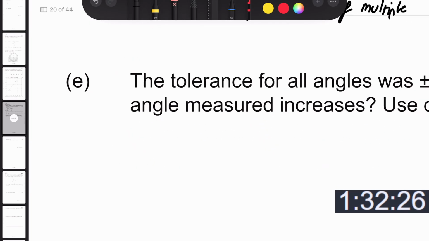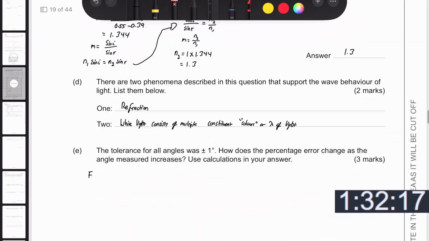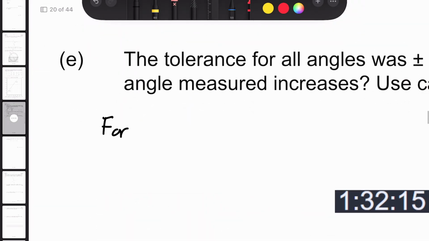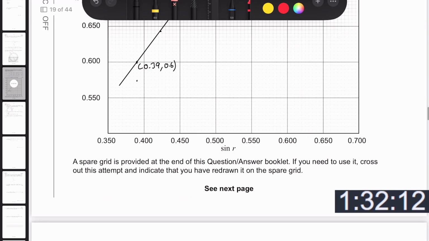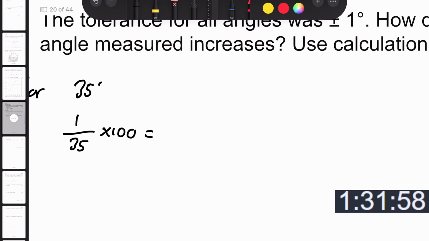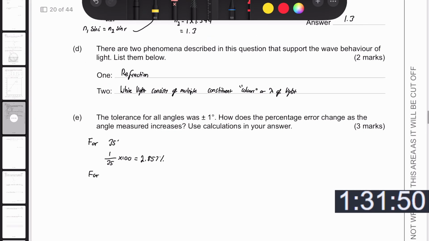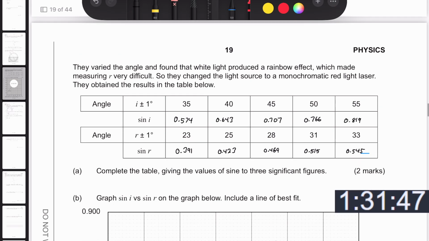So let's say for the lowest angle, 35 degrees, 1 on 35 times 100 equals 2.857% for every, because it's every 5, okay.